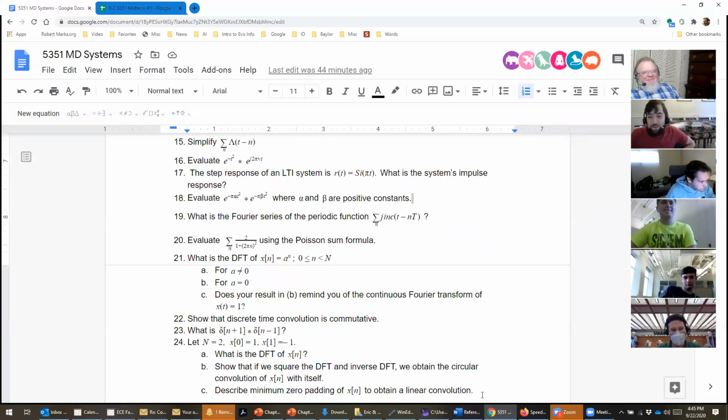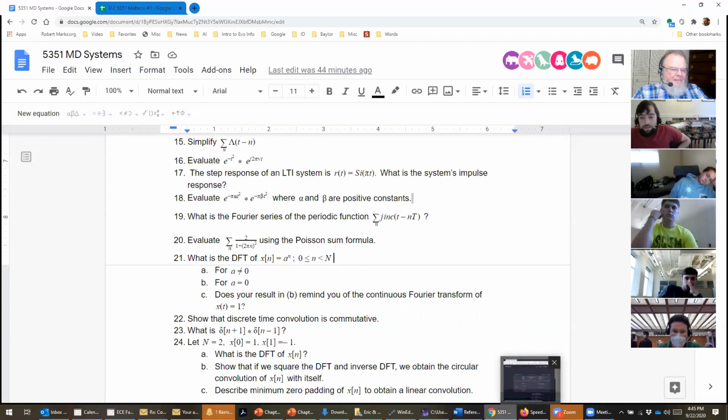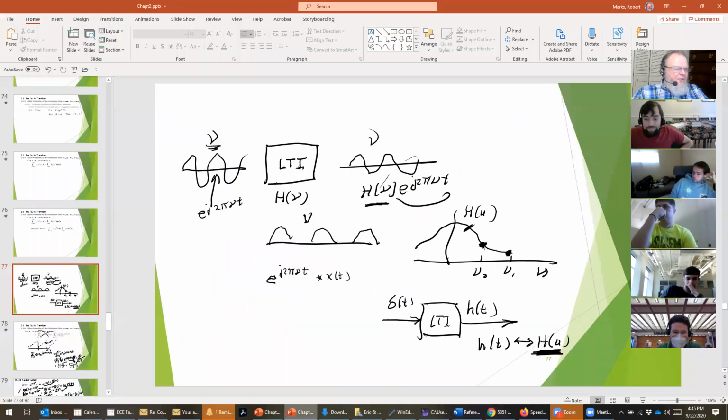What does it mean to square the discrete Fourier transform and inverse Fourier transform? Oh, yeah. Here's what I was trying to get. I was trying to get you to do a discrete convolution here.